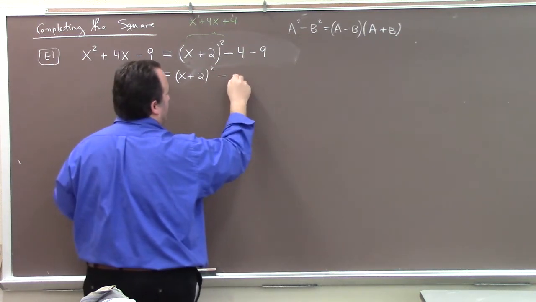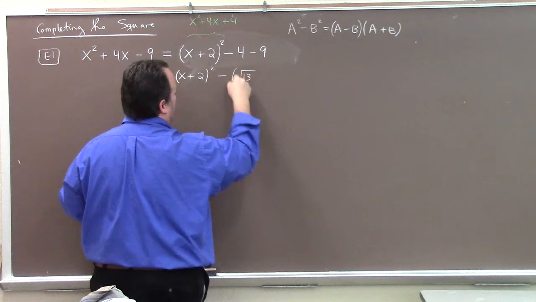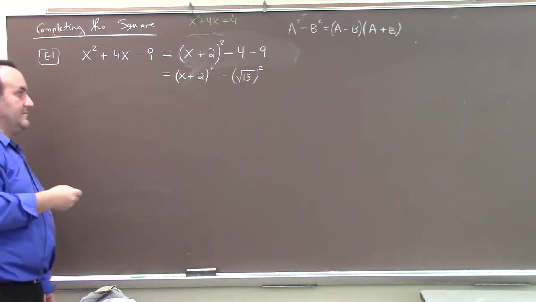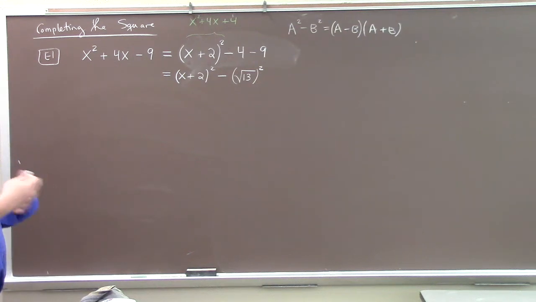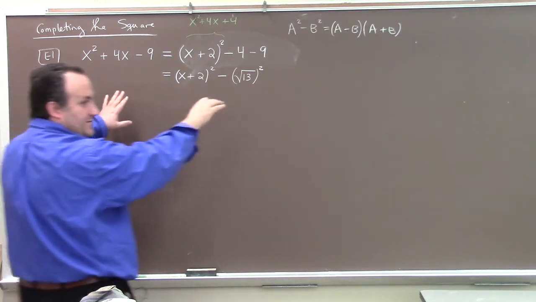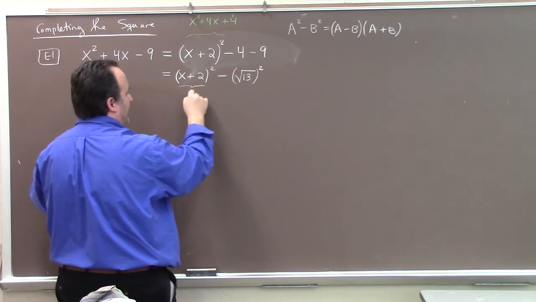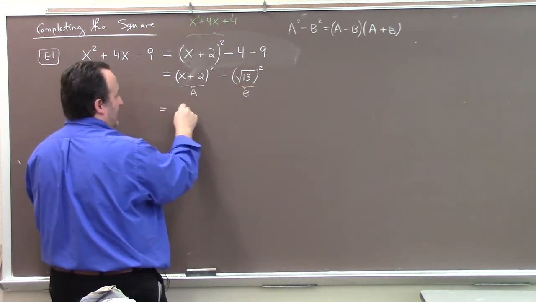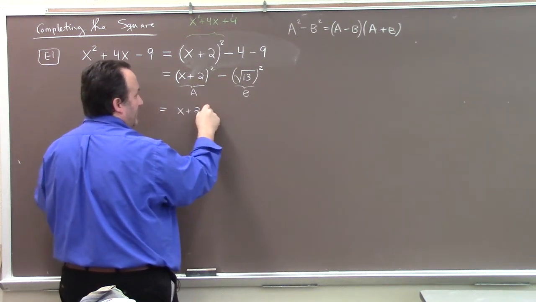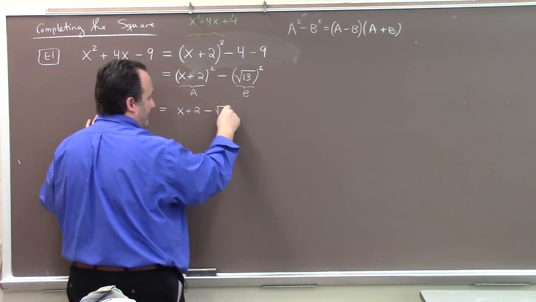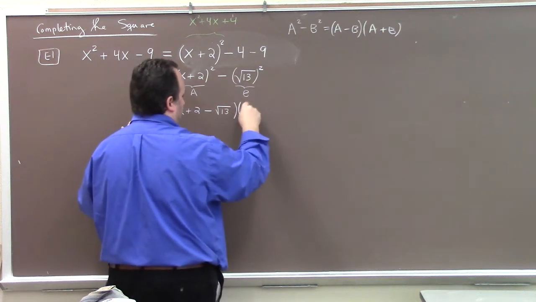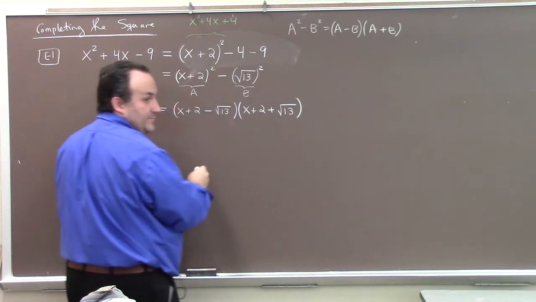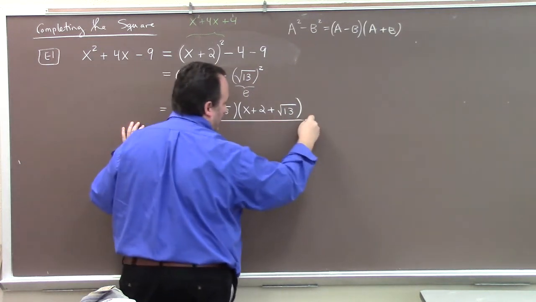But 13 is the square root of 13 squared. Got to use your imagination a little bit. And then I have the difference of squares. I can think of this as a squared, and this as b squared, right? So the answer is x plus 2 minus the square root of 13, x plus 2 plus the square root of 13. There you go, factored.